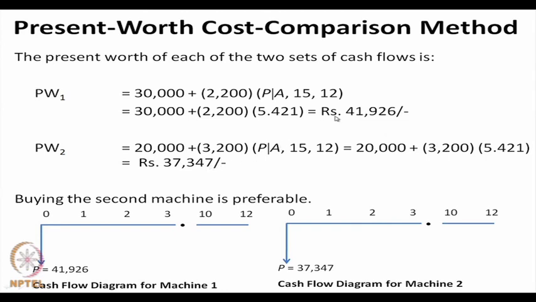So, because it is an investment, it is a payment, this payment is less than this. It means the second machine is less costly and therefore, the second machine is preferred. It is a very simple application of present worth cost comparison method.